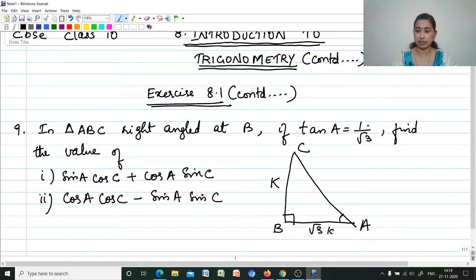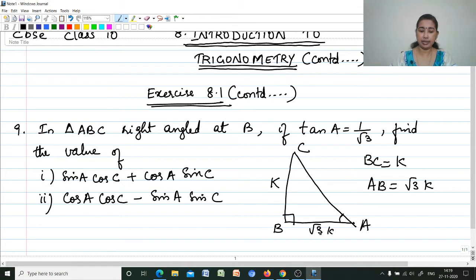Numerator we can multiply by K, denominator also we can multiply by K, and we can write the numerator, that is BC, is equal to K, and denominator, that is AB, opposite by adjacent, is equal to root 3 times K.